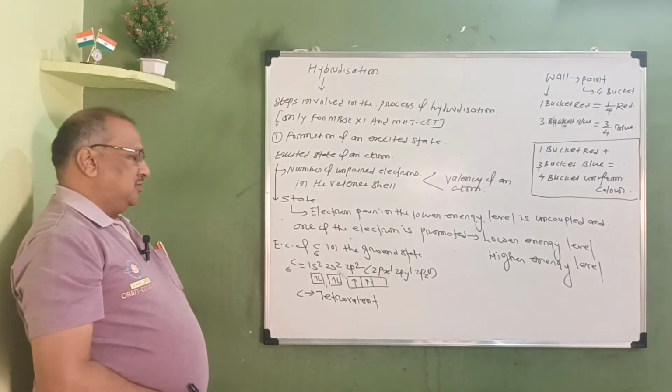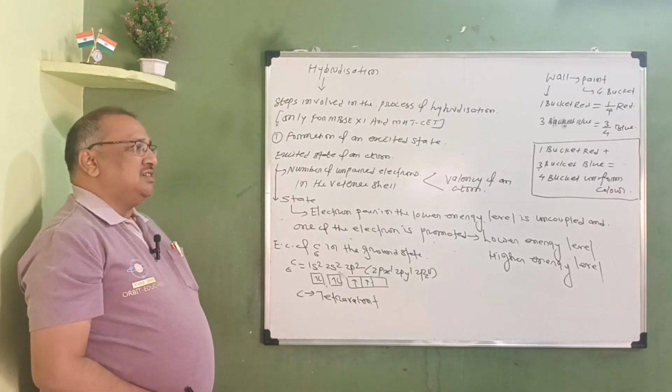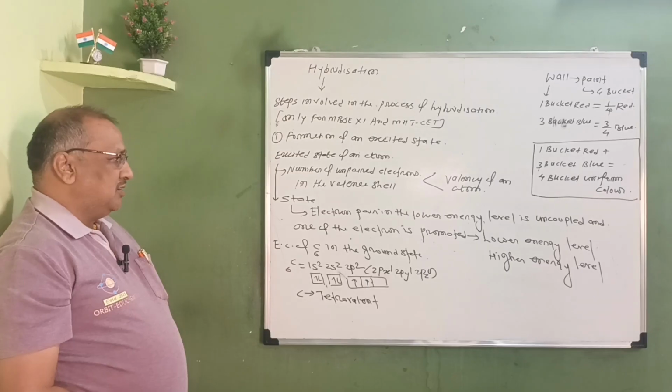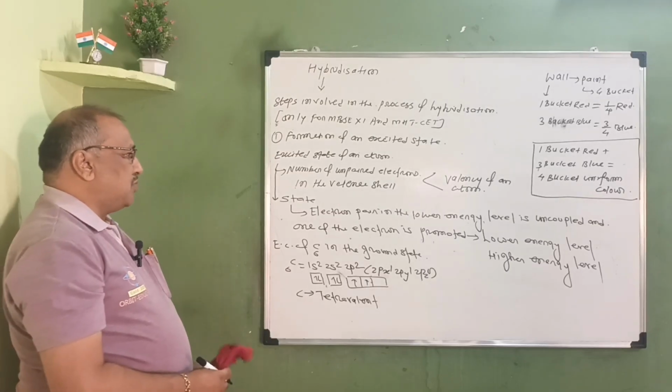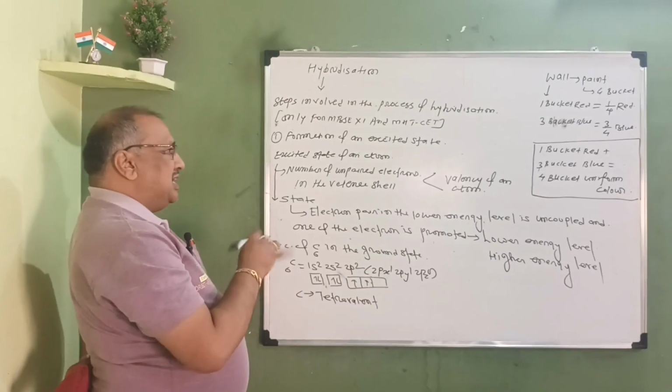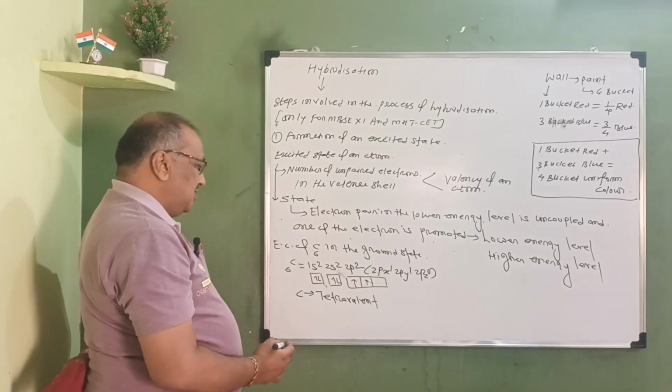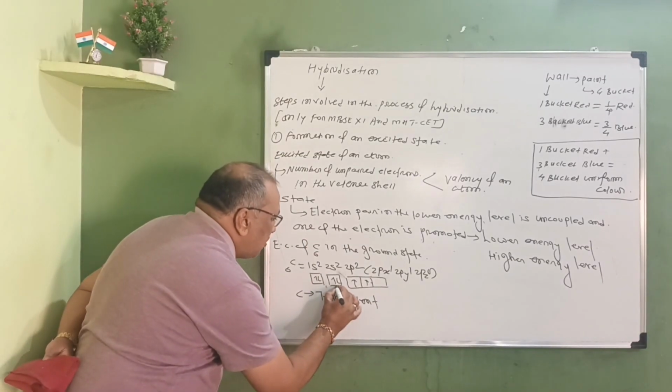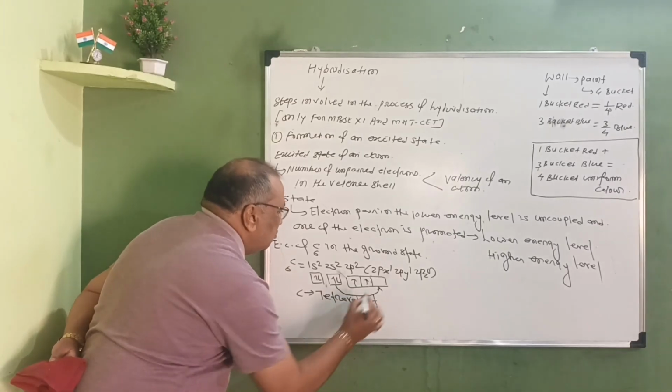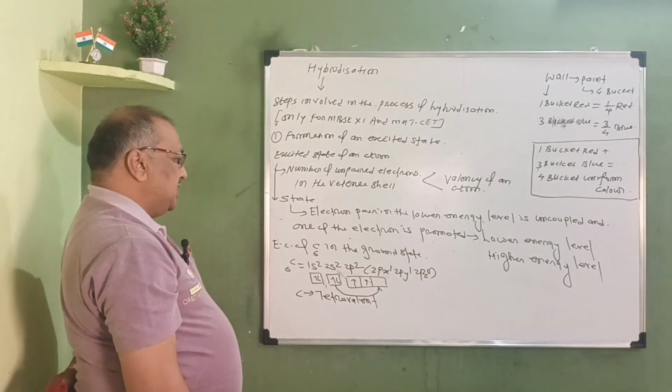That means here the electron pair in the lower energy level is uncoupled and one of the electrons is promoted from lower energy level into the higher energy level, meaning from 2s into 2pz.